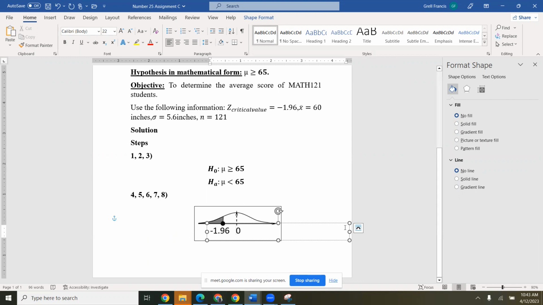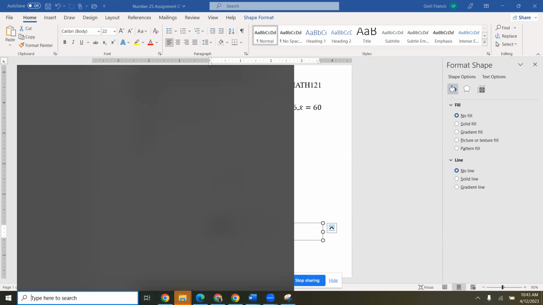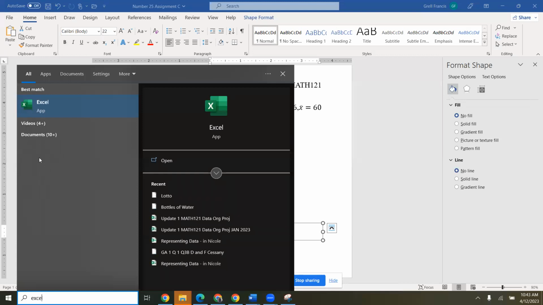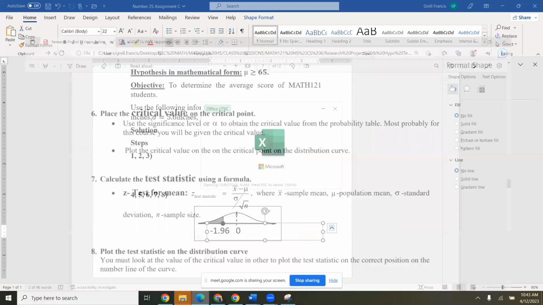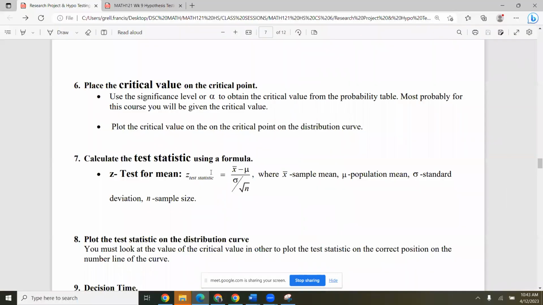Now, what we need to do now, we're moving on to step number 7. We can use Excel to help us with that. Step number 7 says to calculate what you call a z-test statistic. Here's the formula.